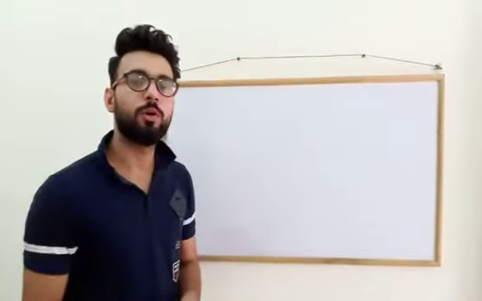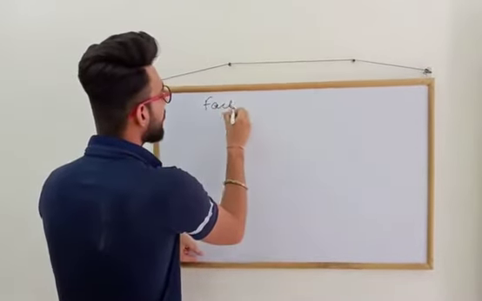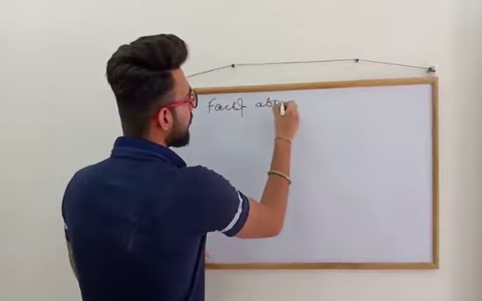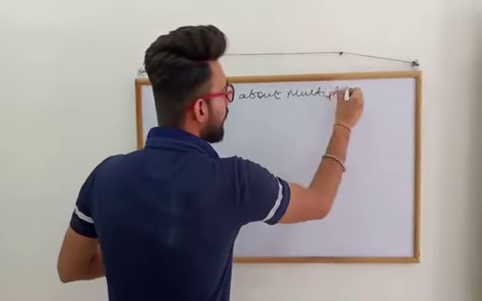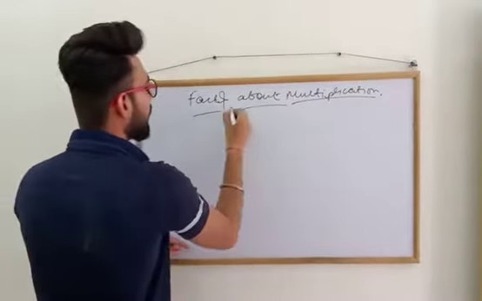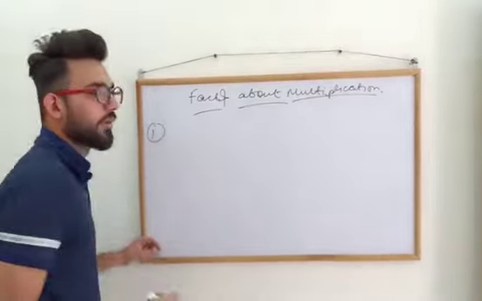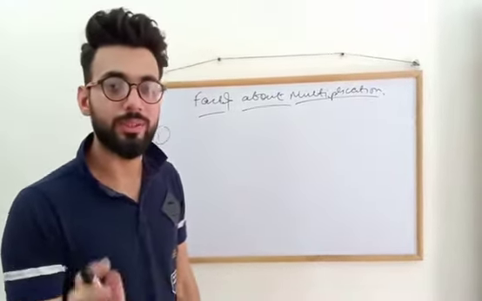Okay. So moving on to the second topic, that is facts about multiplication. So fact number 1, any number multiplied by 0 gives the number 0 itself.